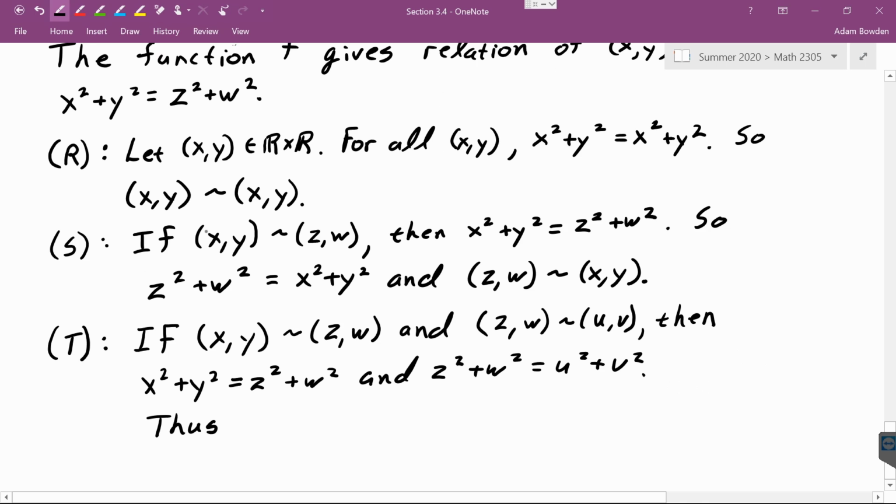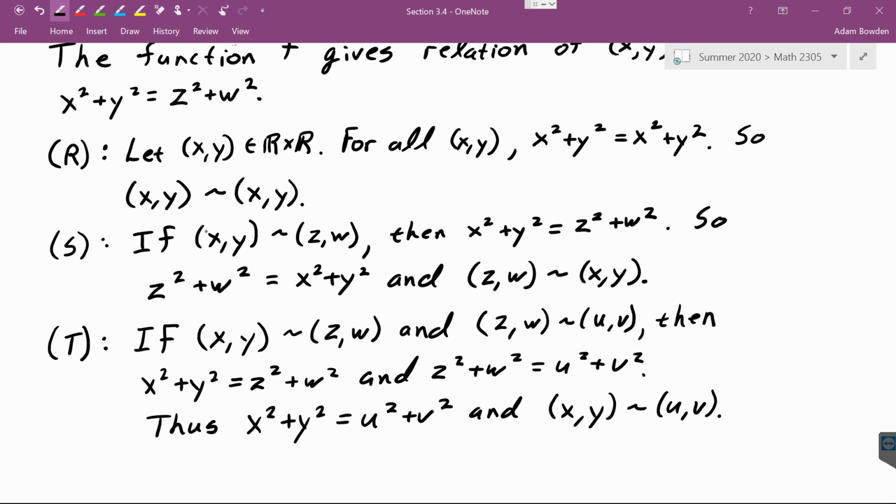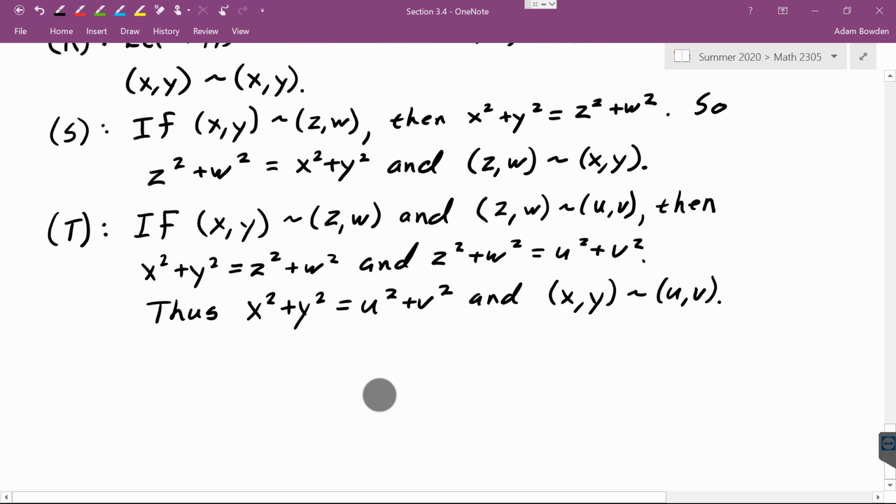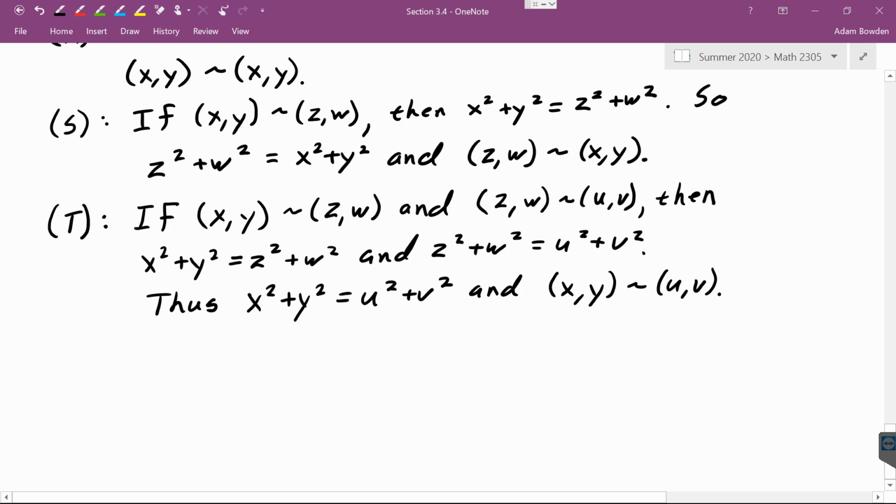Thus it's not far to say that x squared plus y squared is equal to u squared plus v squared, and as a result, (x, y) relates to (u, v). So we've demonstrated that it's transitive. So it is an equivalence relation, and we should be able to show equivalence classes as a result.